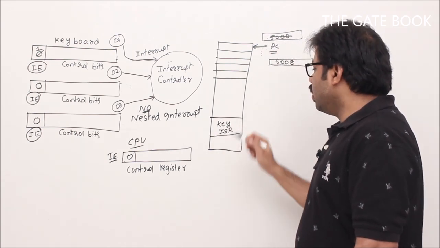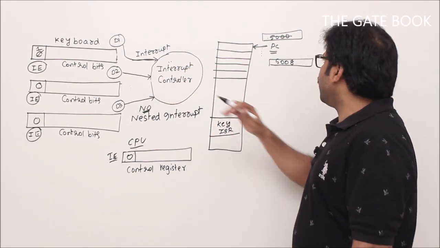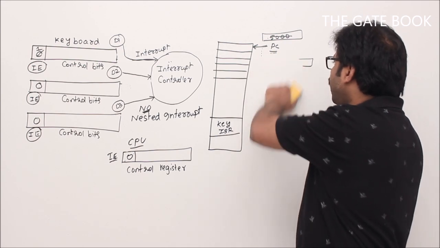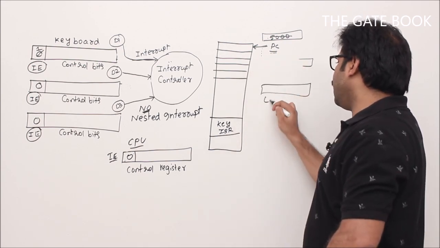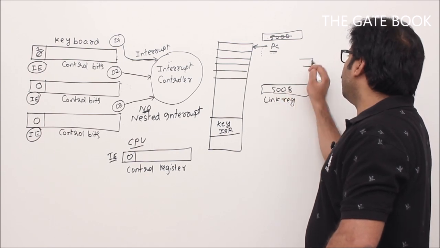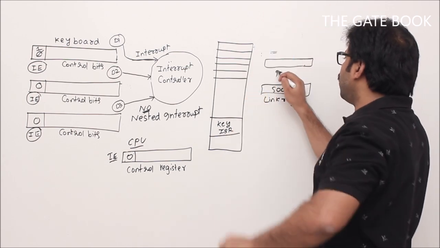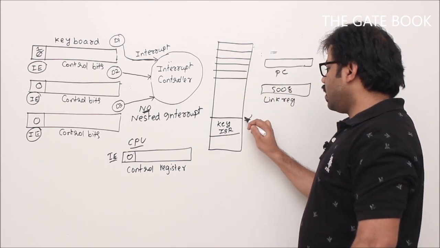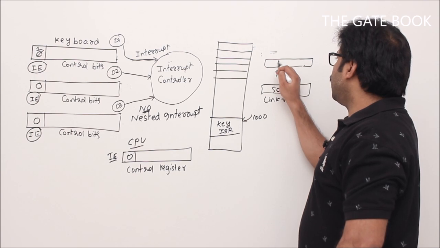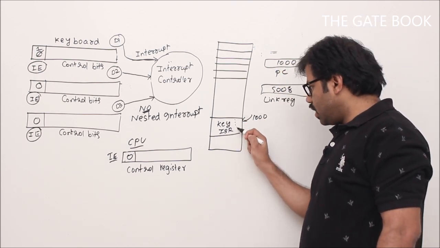The interrupt controller will be designed such that automatically your program counter's value will be stored in the link register. Do you remember? Link register 5008. Then the program counter will be modified to the interrupt service routine's address. Let's say it is 1000.